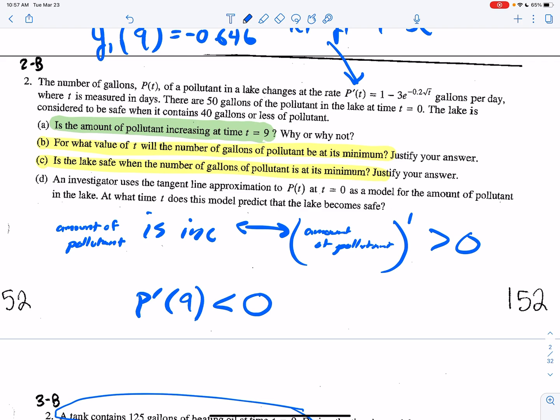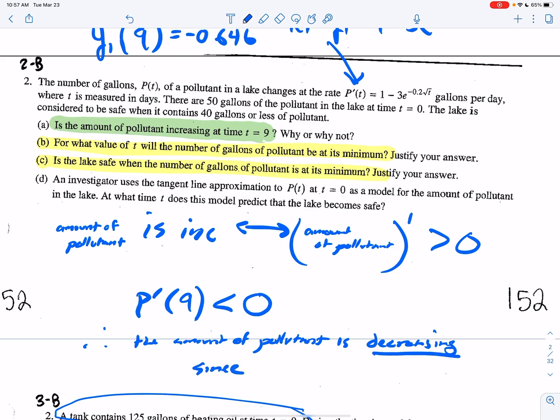You're going to say, therefore, the amount of pollutant is decreasing, not increasing. Decreasing since, how do you know that? Since P prime of 9 is less than 0. Boom. That's it. It's a little bit of writing, but it's not that bad to actually do.